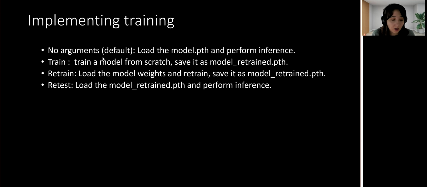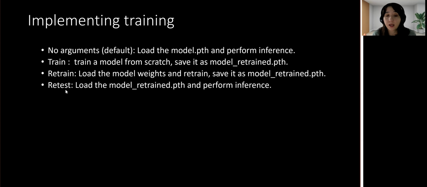If no argument is given, it means that you load your model from the model.pth file and perform inference. If the train argument is given, then you train your model from scratch, and the final model is saved as model_pretrained.pth. If the retrain argument is given, you load the model weights from the model.pth file and retrain it, and the final model is saved as model_retrain.pth.